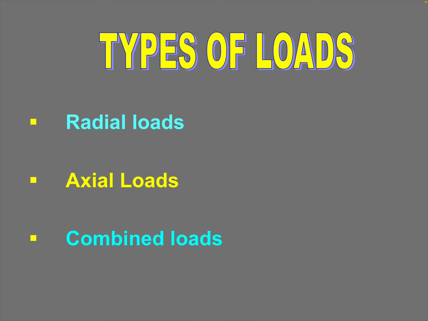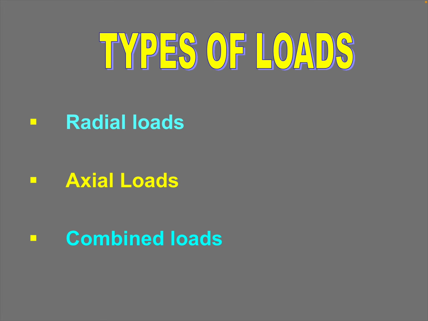Types of loads on bearings. What are the components of loads? Especially radial loads and axial loads, and combined loads. There is a radial force on bearings, and an axial load for the thrust.